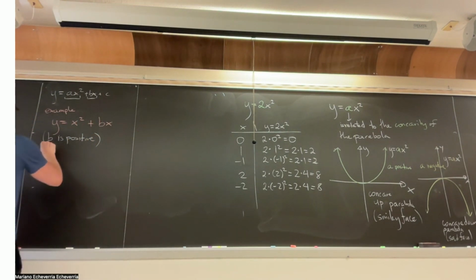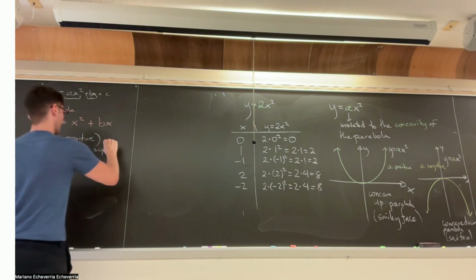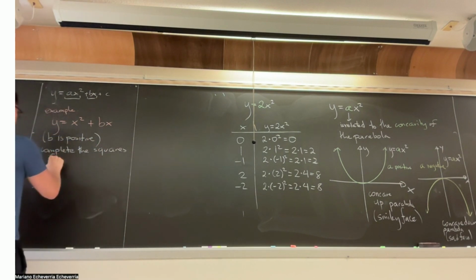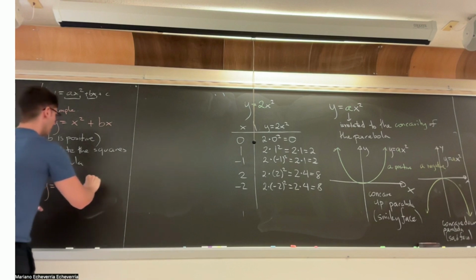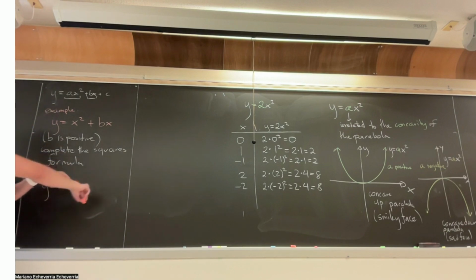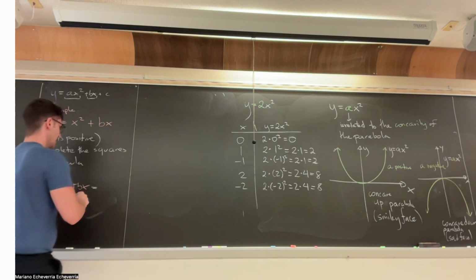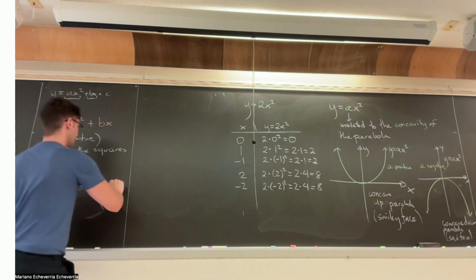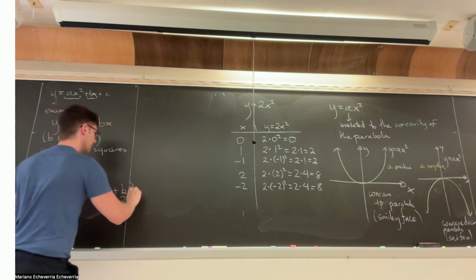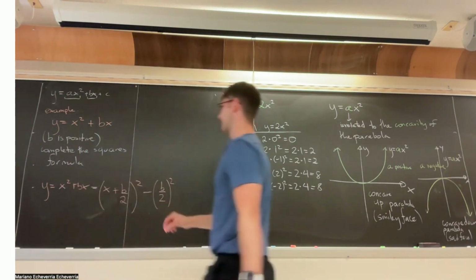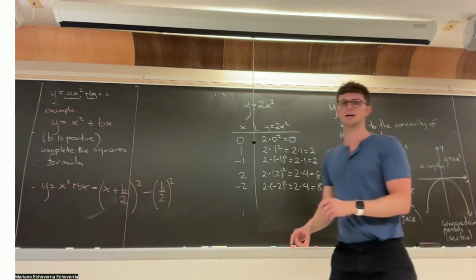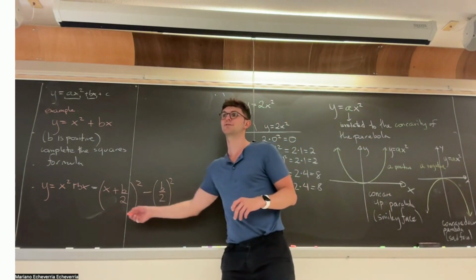If you use the completing the squares formula, what the formula said is that instead of writing it this way, you can write it as x plus b over 2, squared, minus b over 2, squared.